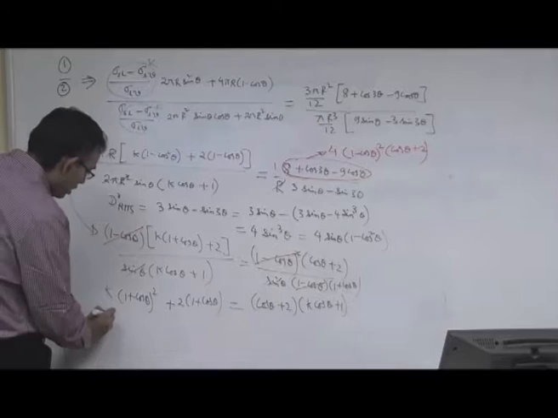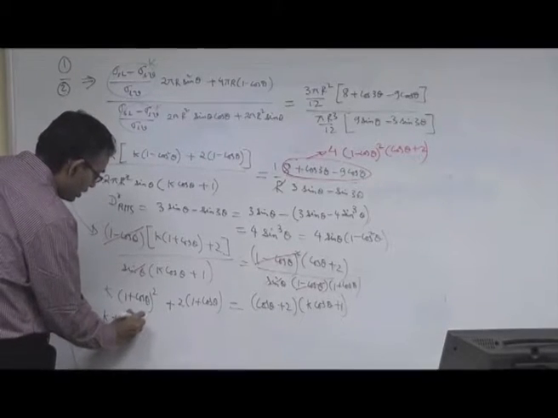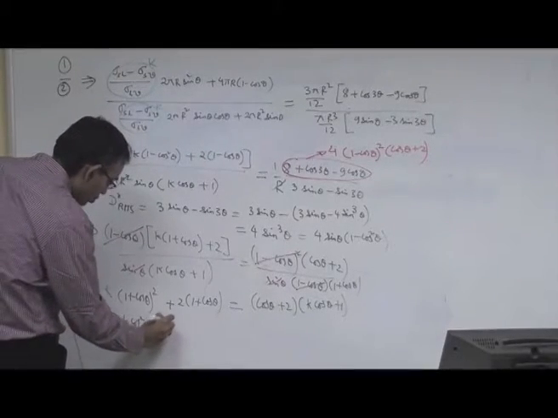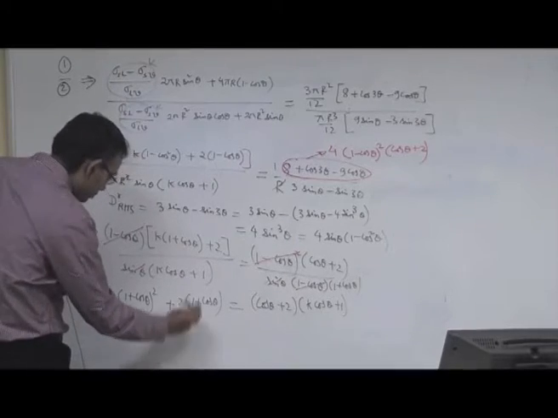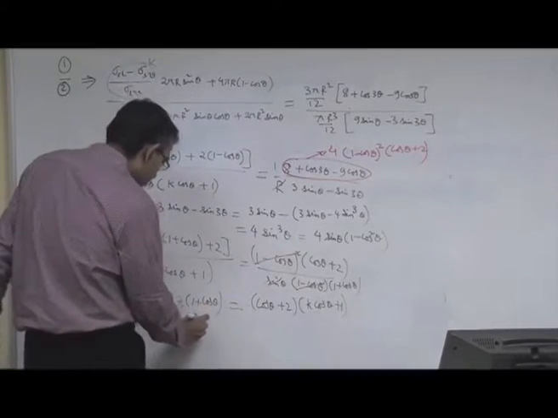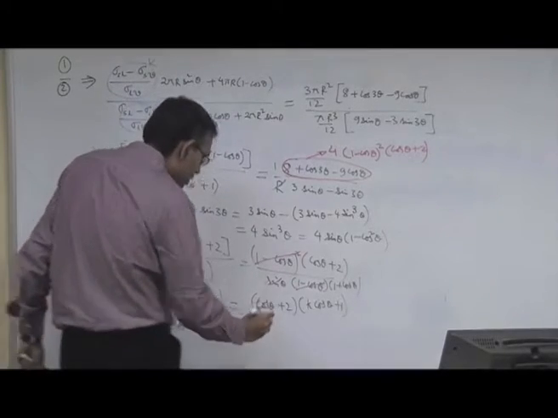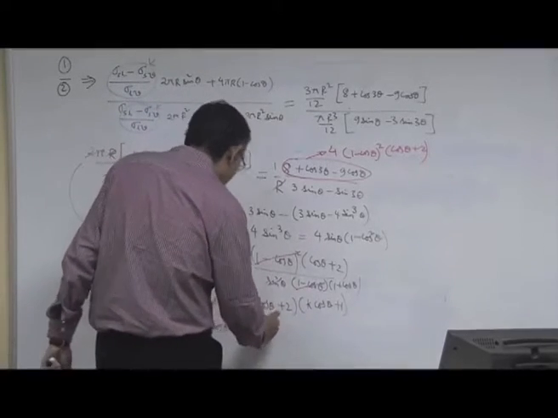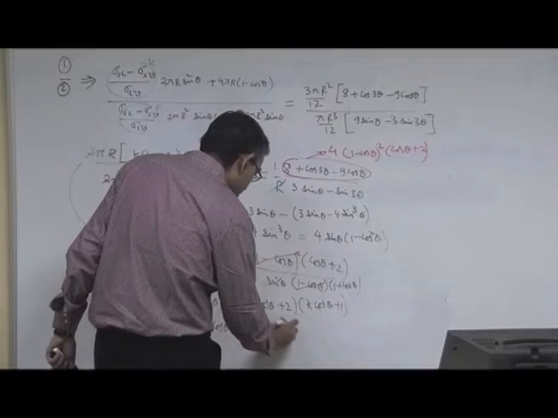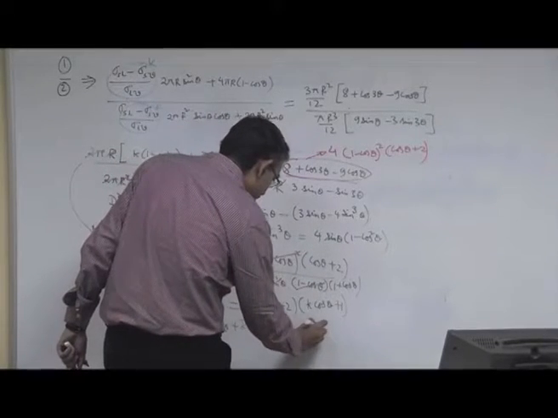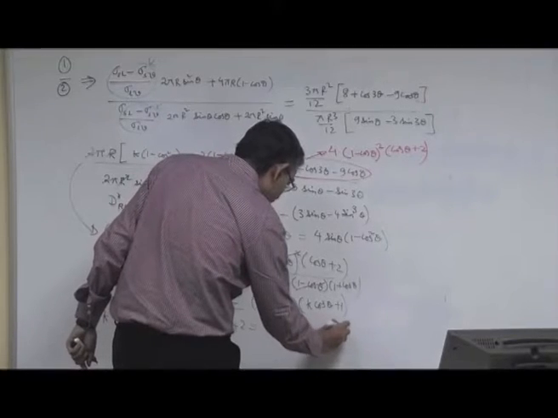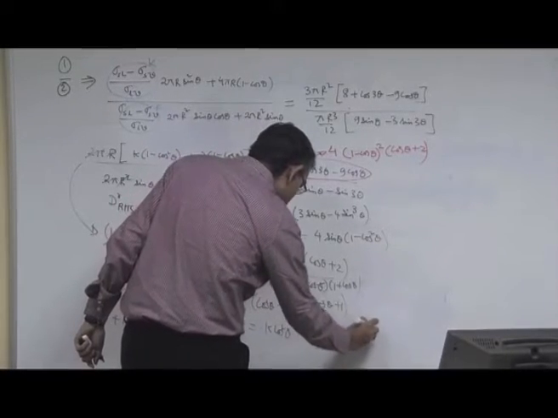So, k plus k cos square theta plus 2k cos theta plus 2 cos theta plus 2 is equal to k cos square theta plus cos theta plus 2k cos theta plus 2.